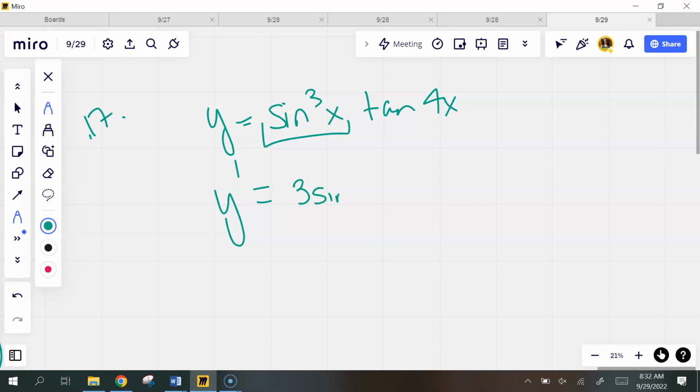What's the derivative of sine? Cosine. Everybody see what we did there to get that derivative? Again, sometimes it's easier to think about it like this. Instead of sine cubed, to think about it as sine x cubed. That's the derivative of the first, and now I need to multiply it by the second.